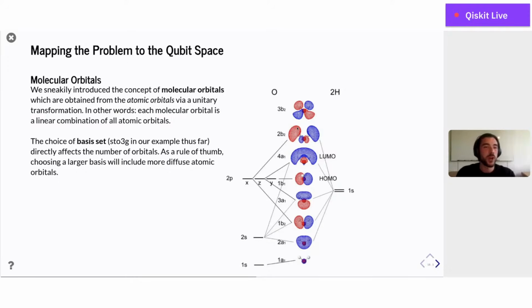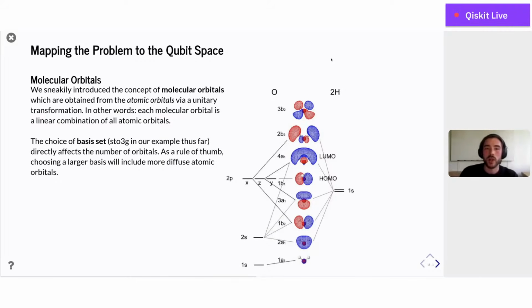In other words, the molecular orbitals are simply a linear combination of all your atomic orbitals. That also means that you have the same number of molecular orbitals as atomic orbitals. So this is really just a unitary transformation from one basis into another one.